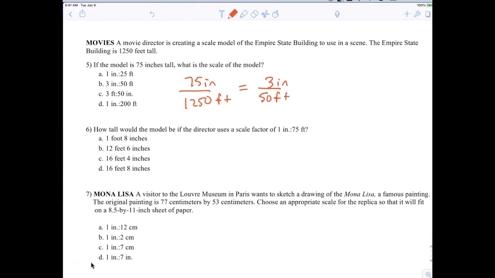How tall would the model be if the director uses a scale 1 inch is to 75 feet? So 1 inch is to 75 feet. And right now the actual is what? 1,250, right? So you all can cross multiply, divide, or just divide it by 75, right? Because you're getting smaller.